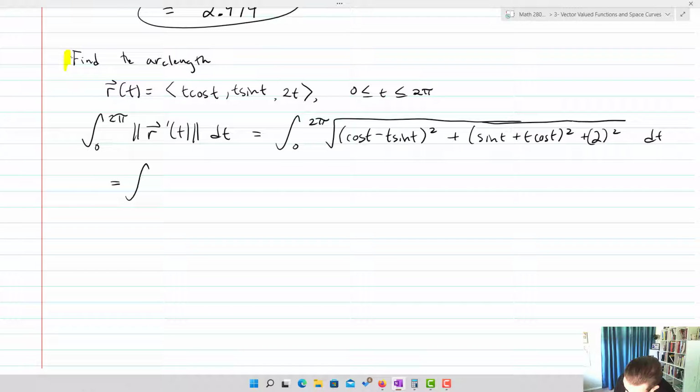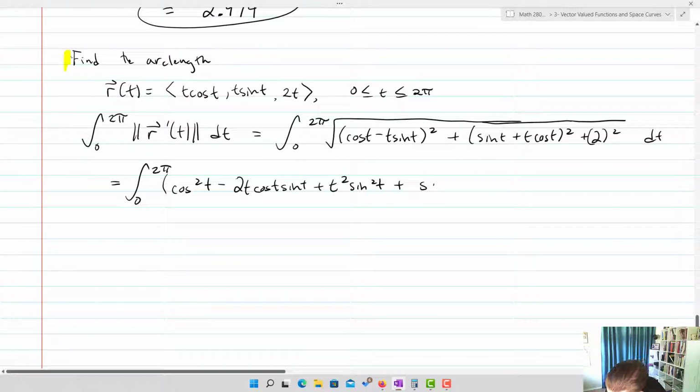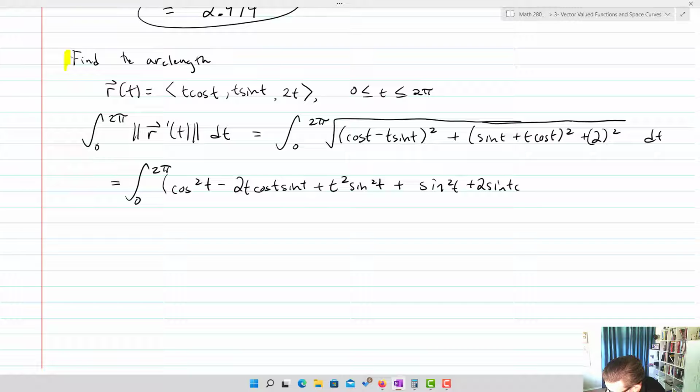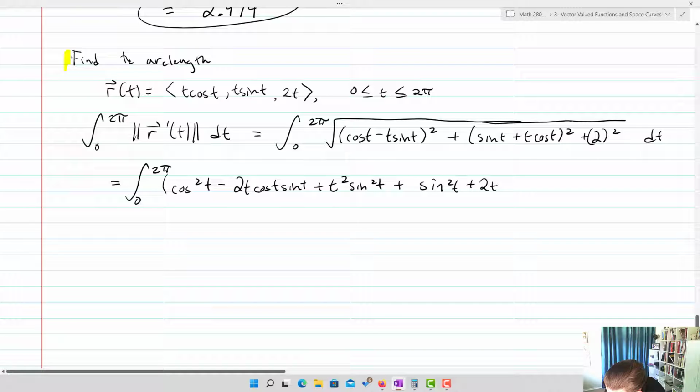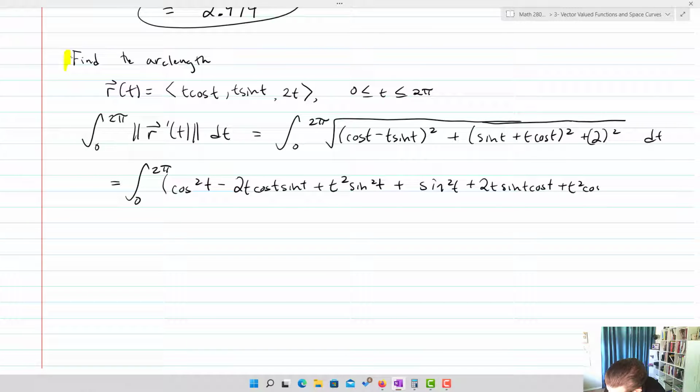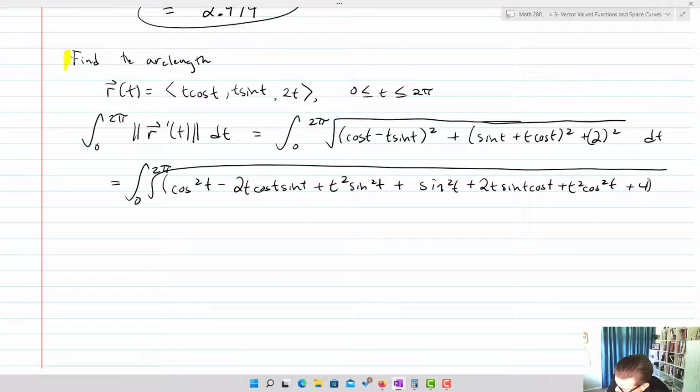Simplifying, we end up getting the integral from 0 to 2 pi of, and this will be cosine squared t minus 2t cosine t sine t plus t squared sine squared t plus sine squared t plus 2t sine t cosine t plus t squared cosine squared t plus 4. All that in square root dt.